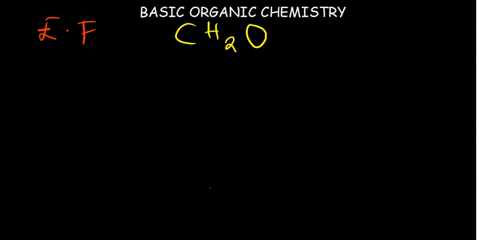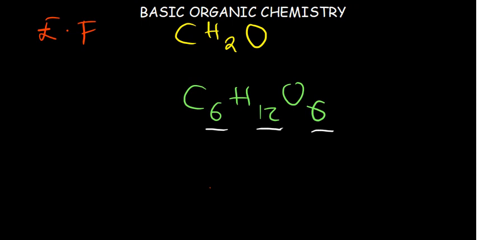The actual glucose formula is C6H12O6. Now you go to the simplest ratio by dividing by the highest common factor of the moles there, and it will reduce to that. So this tells us that an empirical formula is the simplest whole number ratio. That is one way in which you can present a formula.